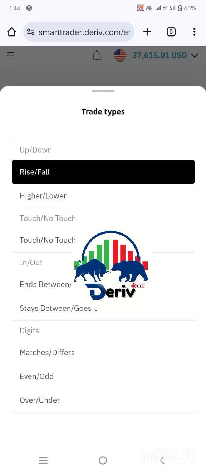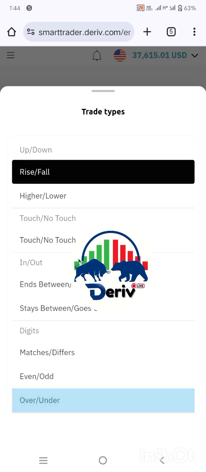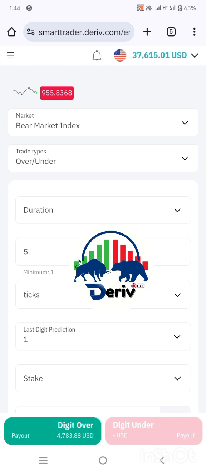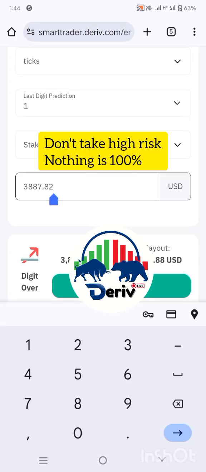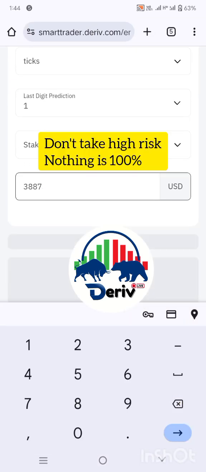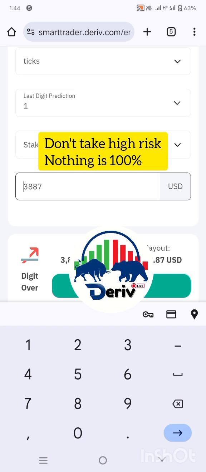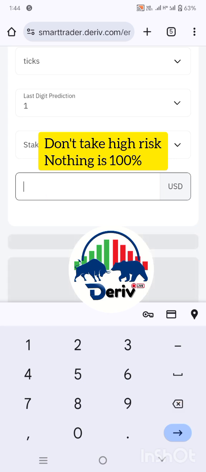First of all, I will go to the Digits Under. What is the strategy? Here is the digit statistics which you can see. This is the main thing to focus on. For the stake, I will take only 1% risk of my capital, which is 300.